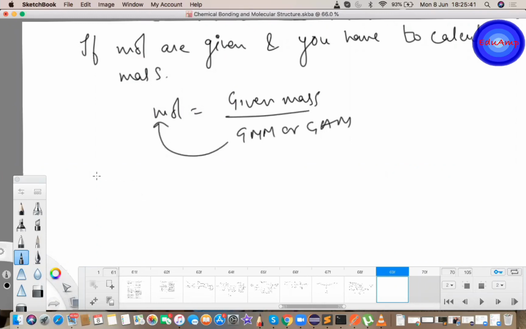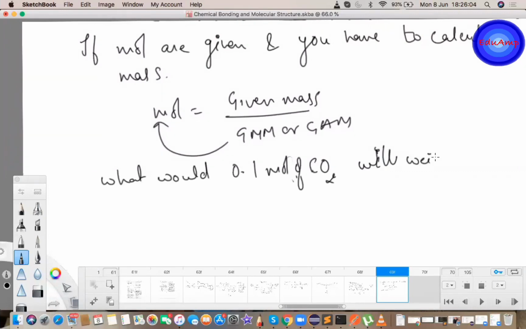For example, what would 0.1 mole of CO2 weigh? So 0.1 is equal to given mass, you can write it as x, upon gram molecular mass of CO2, which is 44. Your answer will be 4.4 grams.